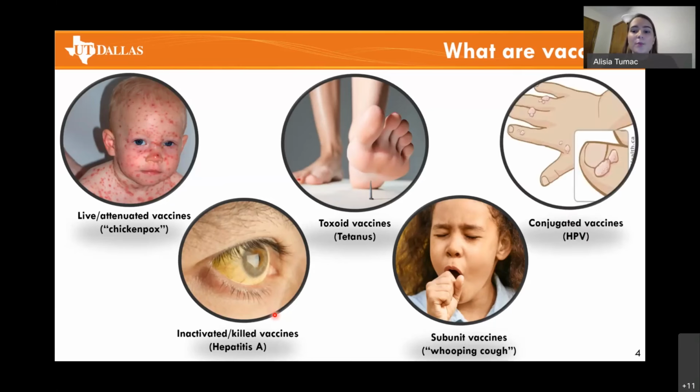And then the last type, which is conjugated vaccines, is basically dealing with a weak antigen coupled to a strong antigen, the strong antigen trying to essentially induce an immune response against the weak antigen. And this is what adjuvants are essentially doing.